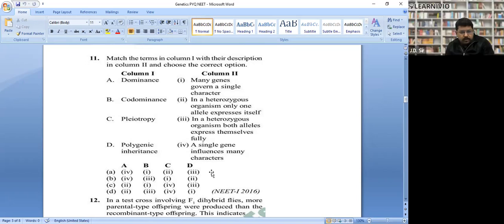Right. Heterozygous. And the third. Codominance. Right. Very good. C4, heterotrophy. Very good. Pleiotropy. D first. Very good. D will be the answer. Correct. Good, good.